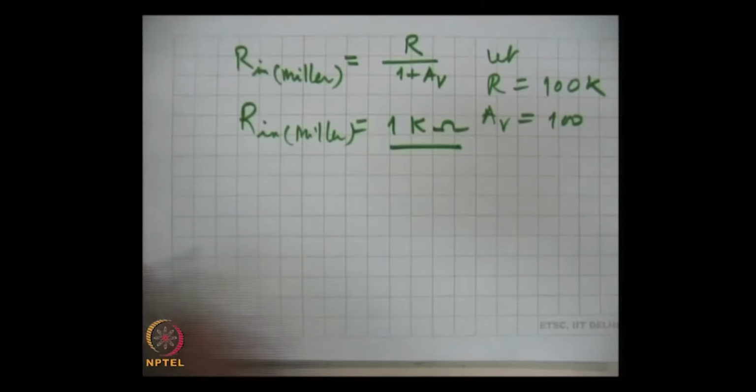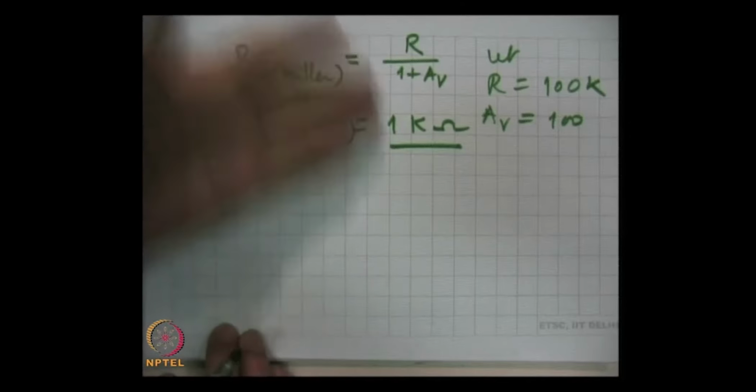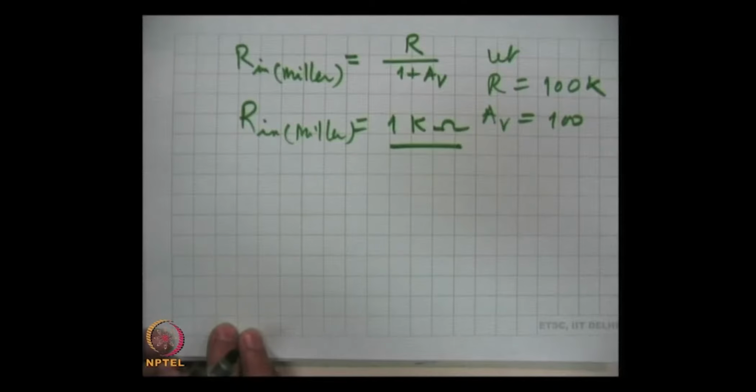So, this is the impedance at the input due to Miller's theorem, and this may be a deciding factor. This is a big influence on the input impedance.